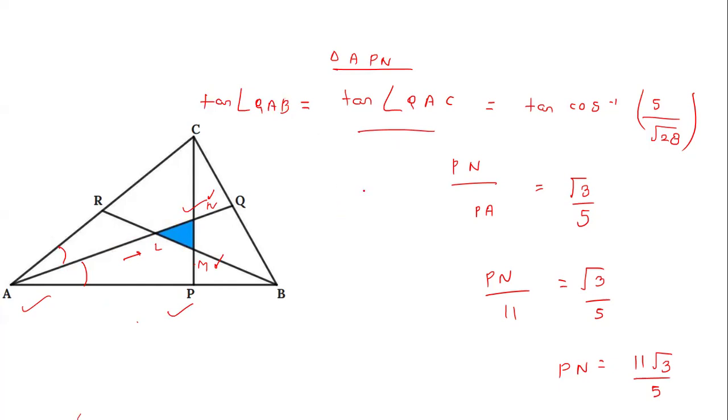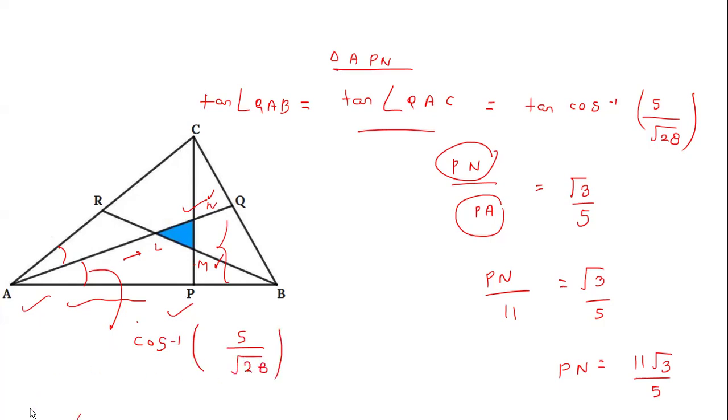So we can write tan theta like this, PN height divided by AP height. And we also know this angle, like this angle we calculated, it is the cos inverse of 5 by root 28 we calculated previously.